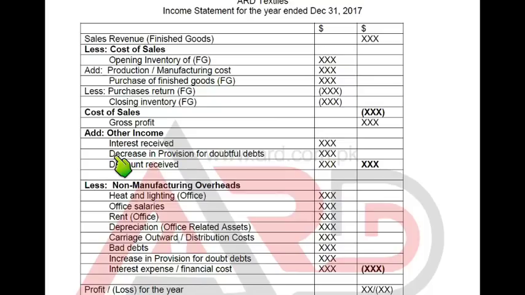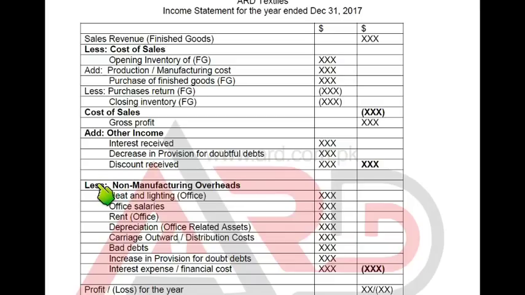Then, as you are already aware, if the provision decreases during the year, this is income, and if the provision increases during the year, this is an expense. In place of expenses, we will be writing a different terminology, that is non-manufacturing overhead.